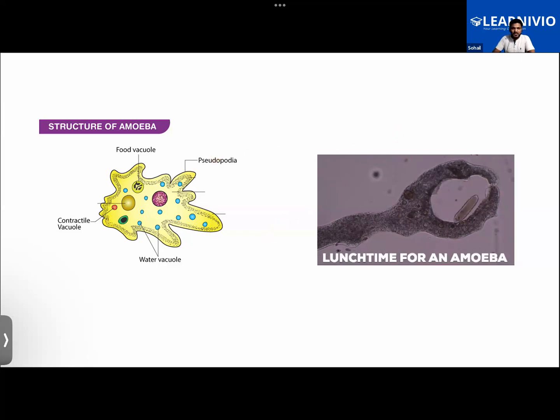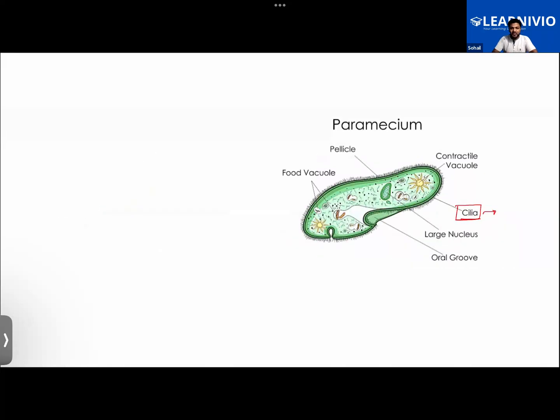Now, are they animal-like or plant-like? When we talked about algae, they are plant-like organisms. Do tell me, why do we call algae plant-like organisms? Because they can perform photosynthesis. Very good. That's why they are autotrophic in nature. Protozoa do not contain any chlorophyll, so they are not able to do photosynthesis.